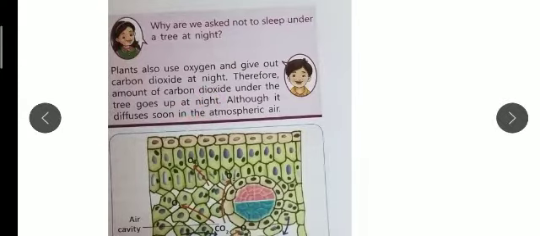Carbon dioxide is an unwanted gas, and if we inhale a large amount of it, we can become suffocated. So at night the amount of carbon dioxide under the tree is very high, and if you go nearby, you can inhale that gas.